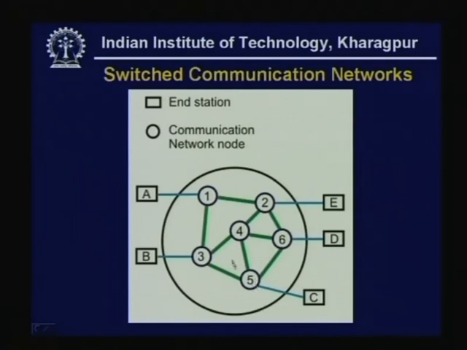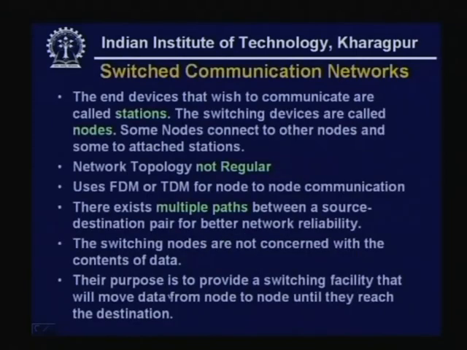But suppose one of the links is down or one of the nodes is down, in such a case A can communicate through the nodes 1, 2, 6 and 4, or it can communicate through 1, 2, 4, 5. So, in this way several alternative routes are possible, which increases the reliability of the network, and that is one objective of the switched communication network, so that it provides higher reliability by providing multiple paths.